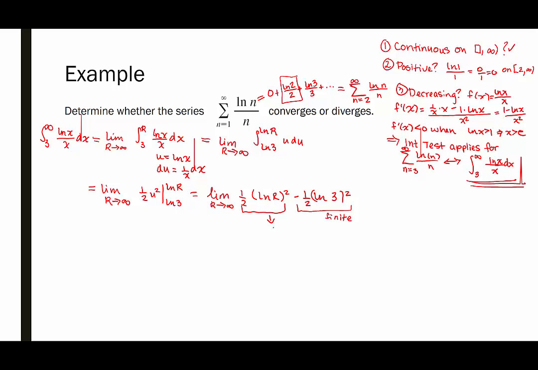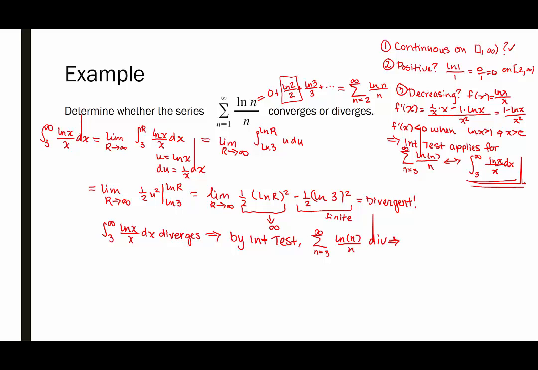This is going to infinity, therefore this is a divergent value. Since the improper integral from 3 to infinity of the natural logarithm of x over x diverges, by the integral test, the series from 3 to infinity of natural logarithm of n over n diverges, which implies, since we're only adding terms, that the more extensive series from 1 to infinity of log n over n is also divergent.